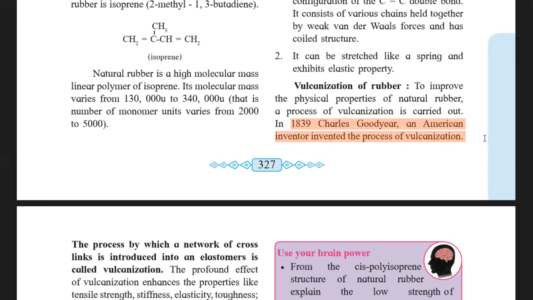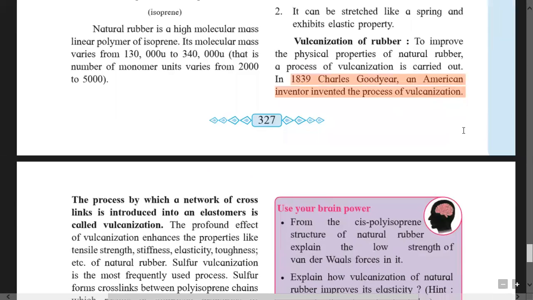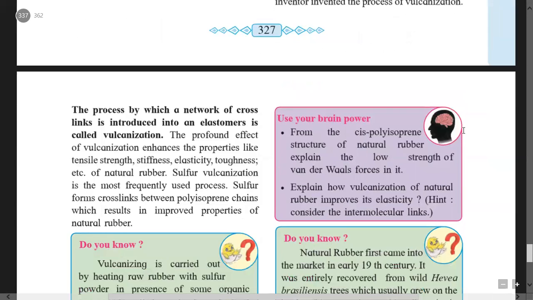So who invented vulcanization? American inventor Charles Goodyear invented this vulcanization process in 1839. In this process, the network or cross-link introduced into the elastomers is called vulcanization. That is, sulfur is added to the natural rubber, and therefore cross-links form between the elastomers, that is, the long chain polymers, and the physical properties can be improved.